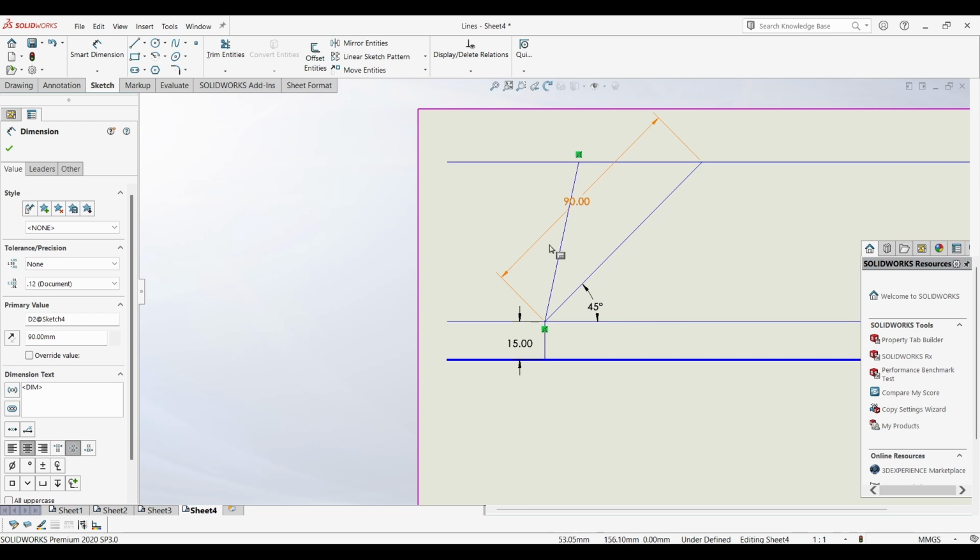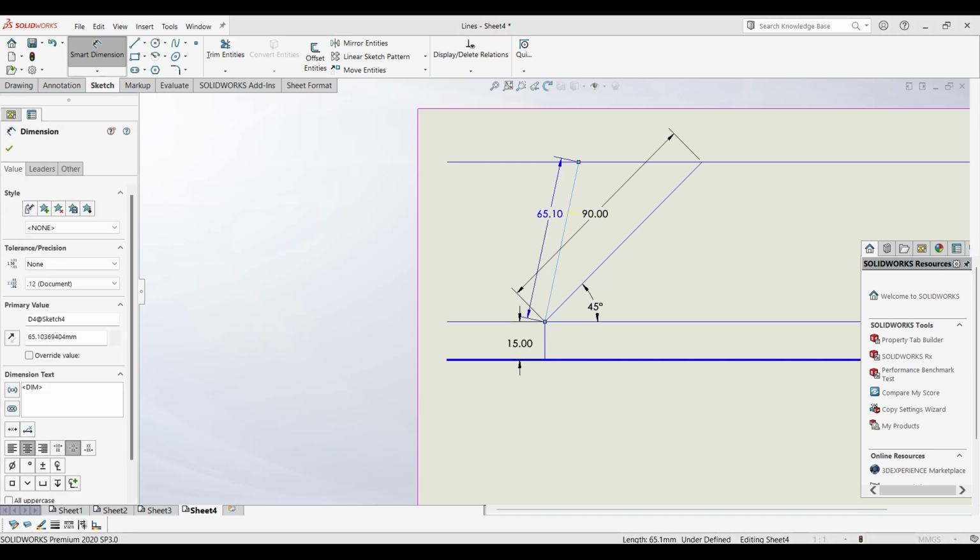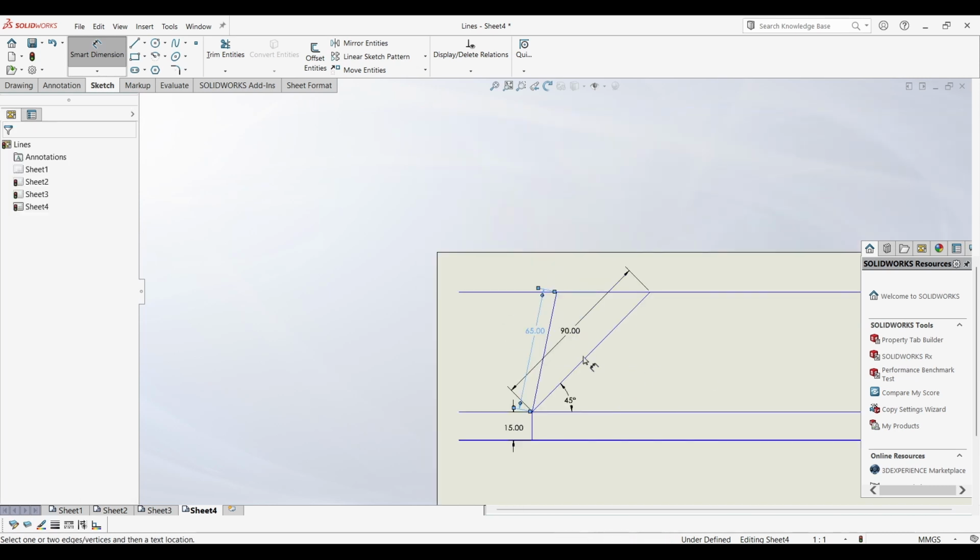Okay, so we are done till this one. Let me just put the dimensions for this. Yes, so this is what we have got. Next.